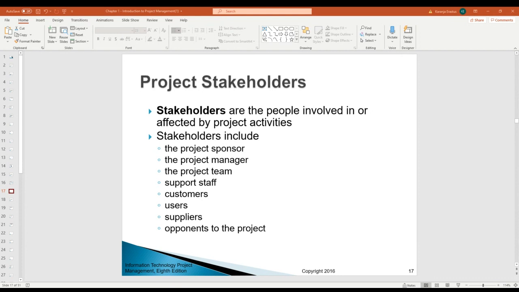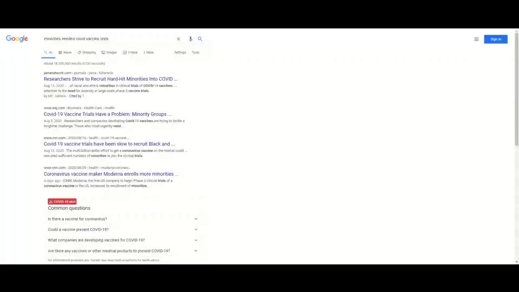I think it is minorities needed for COVID vaccine tests. Okay, so we're talking about the stakeholders. The minorities are stakeholders in the project for finding the cure.